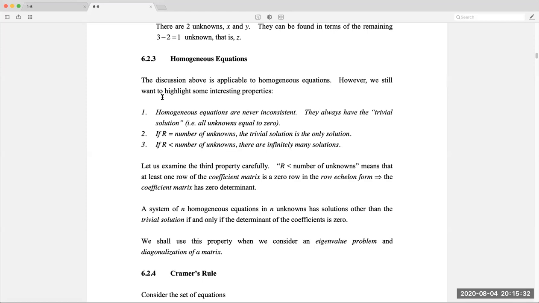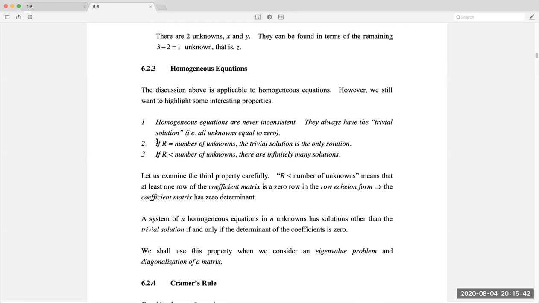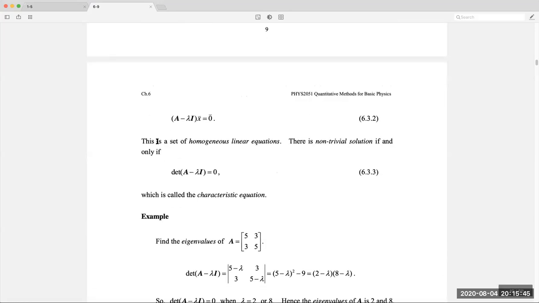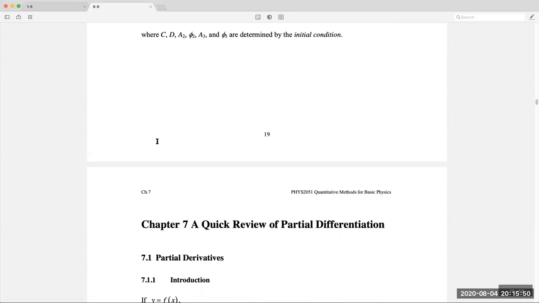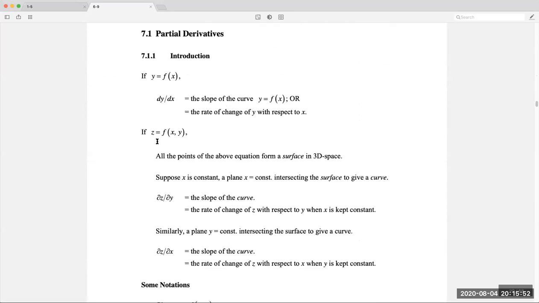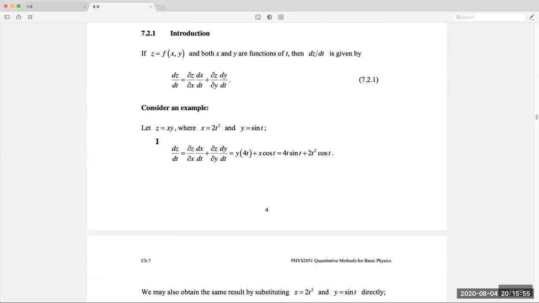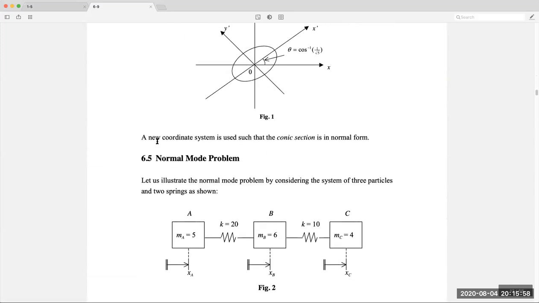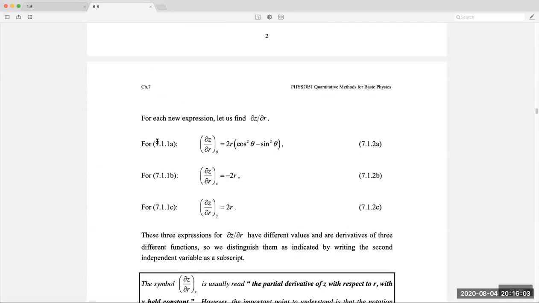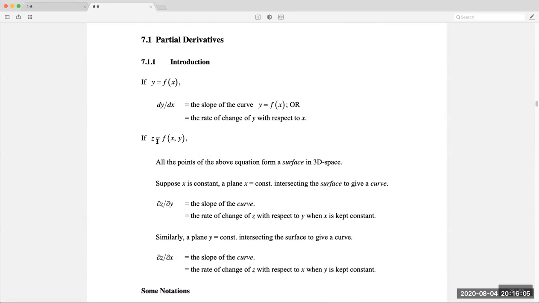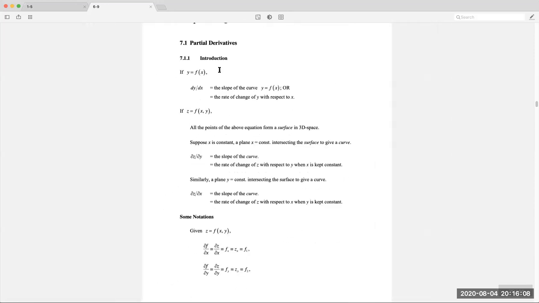So then let's have a look next. So this is about the partial differentiation.